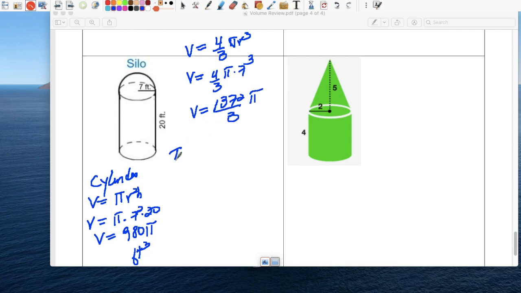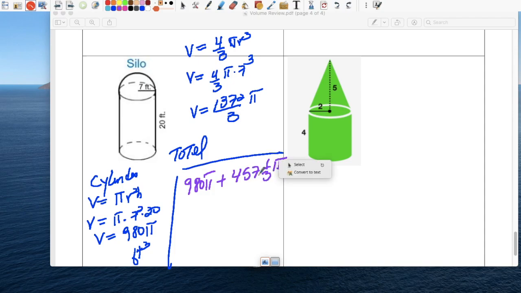Now for the total, we've got to add these two volumes and change colors. 980 pi plus 1,372 over 3 pi. I'll switch that to a mixed number, and it becomes 457 1/3 pi, which makes it a little easier to add.